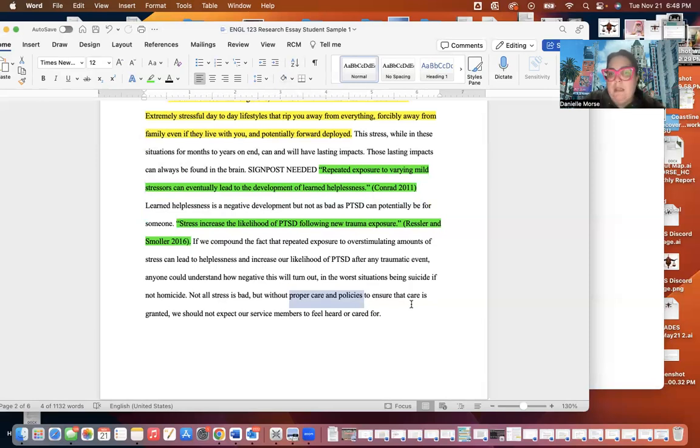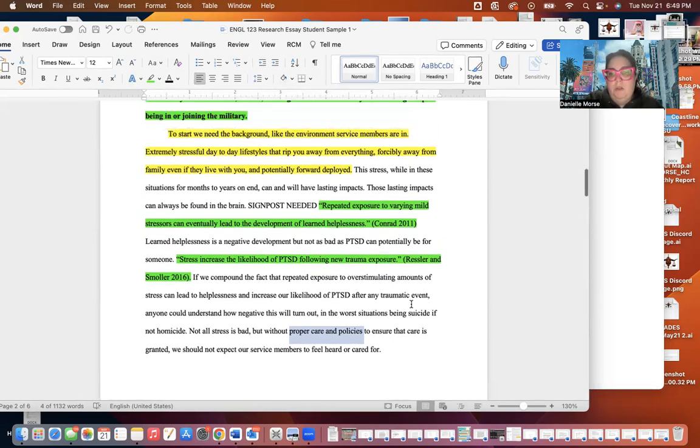So what is the relationship between learned helplessness, PTSD, and federal policies or federal funding or federal legislation that addresses PTSD and things like learned helplessness in active service members and veterans? How is that connected to suicide, or what is being done overall?